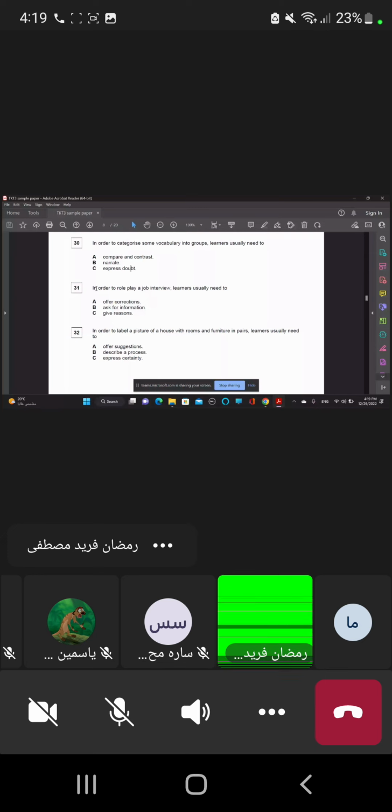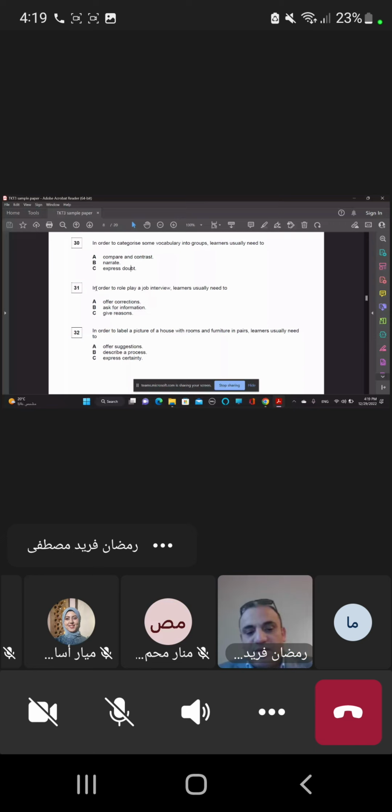In order to label a picture of a house with rooms and furniture in pairs, learners usually need to offer suggestion, describe a process, express certainty. Which ones are correct and which one is incorrect?